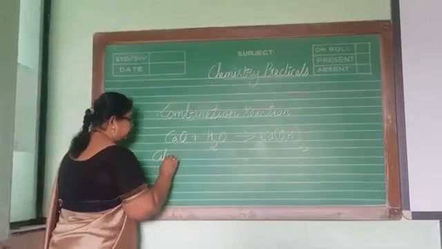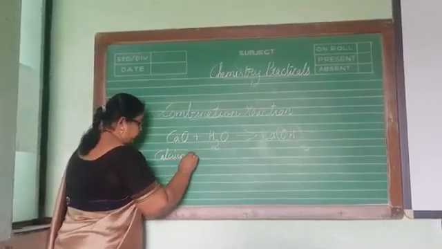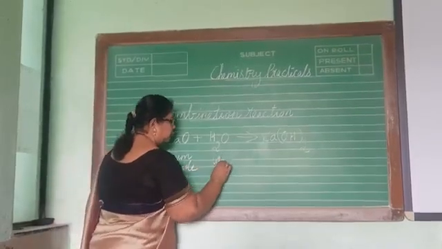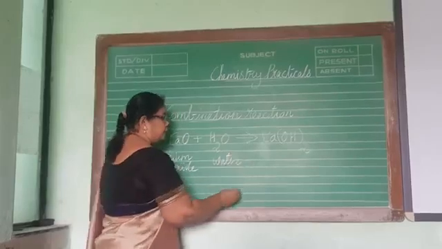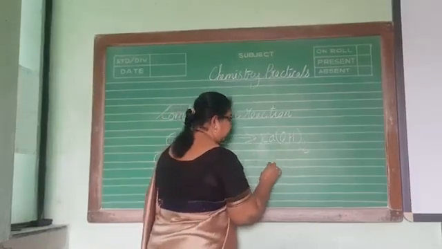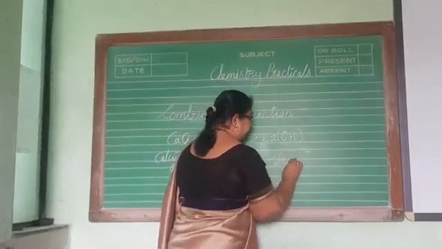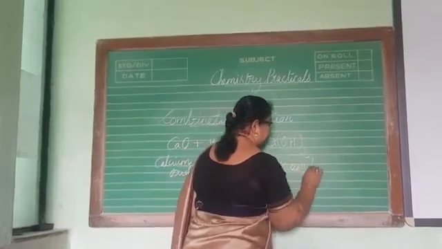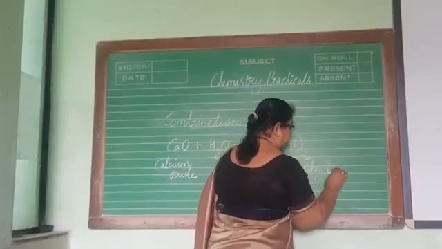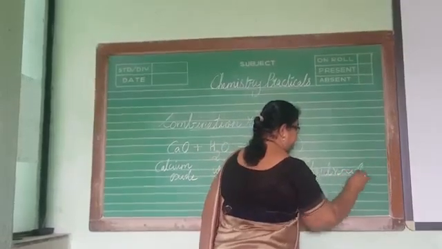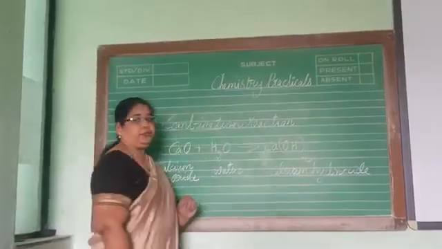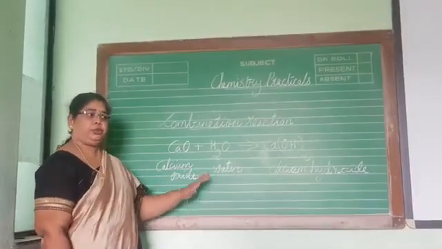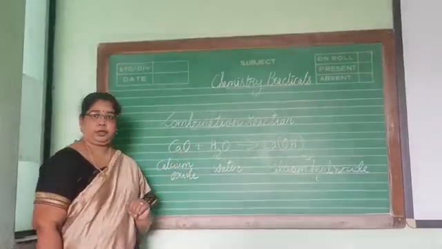So calcium oxide plus water gives a single product called as calcium hydroxide. It's an example for combination reaction. Right? Now I will demonstrate you and show this reaction for you.